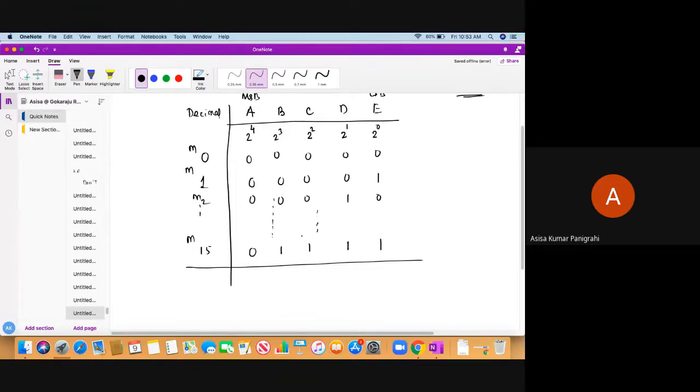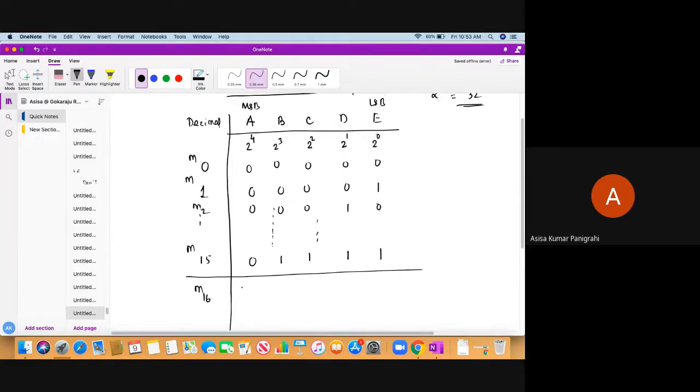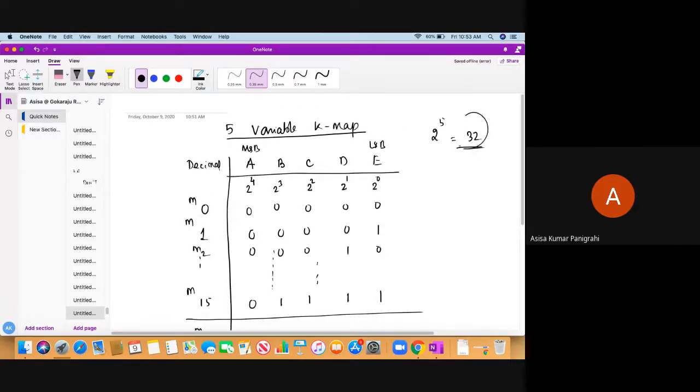So here you check it. Now if I go for M16, because we need M up to M31. Why? Because we have 32 number of cells. 32 number of cells means M0 to M15, then M16, M17 up to M31. So we have 32 minterms.